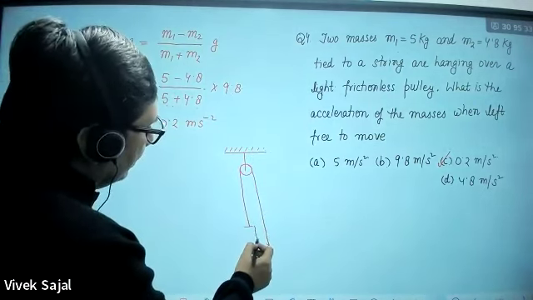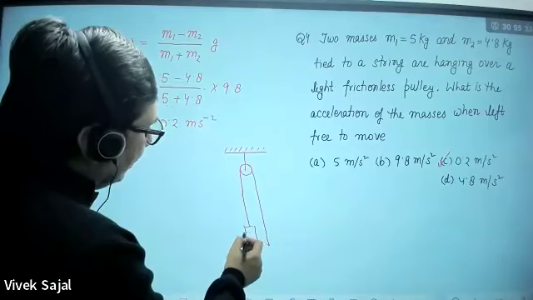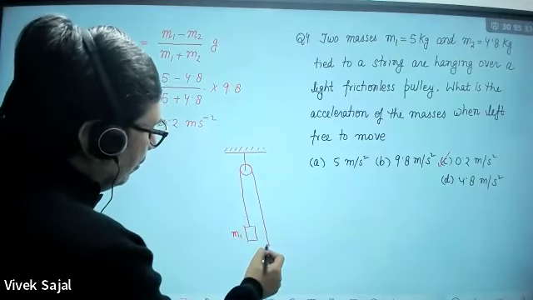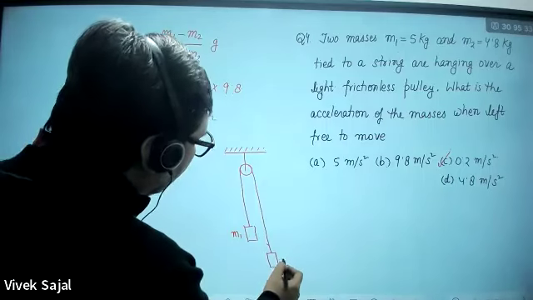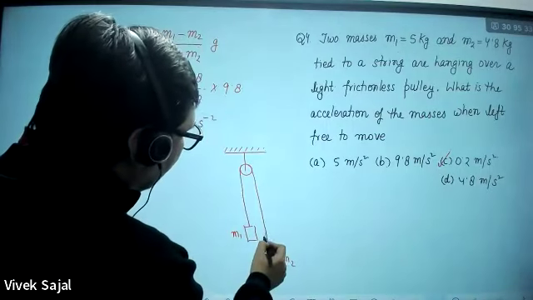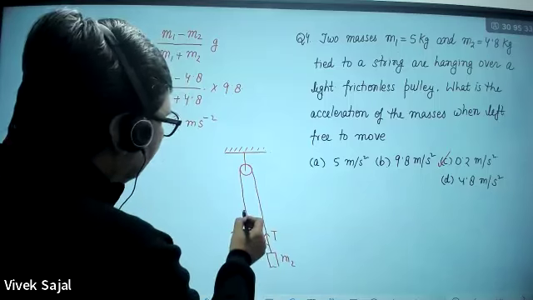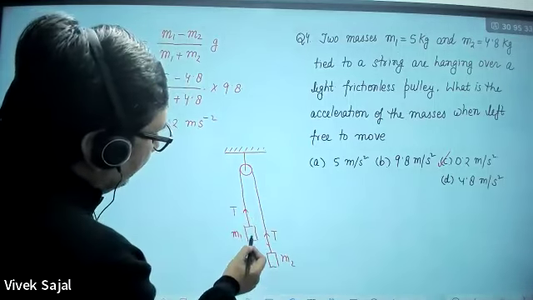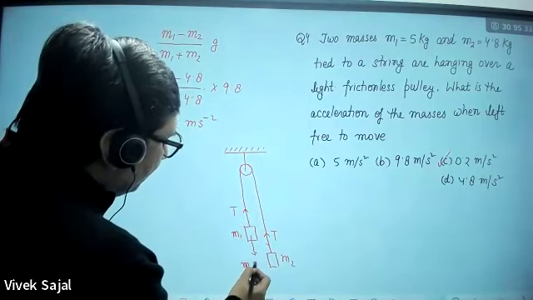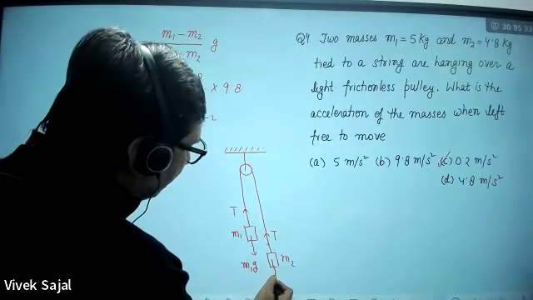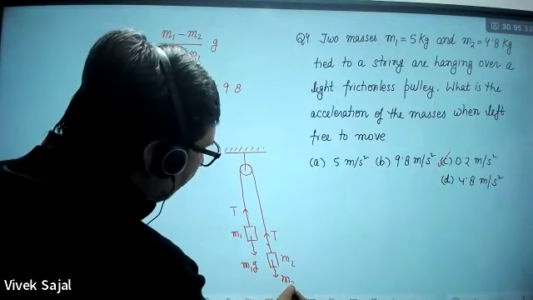On one side, you have attached a mass M1, and on the other side, the mass M2. Tension will act in this direction and in this direction. Their weights are acting in the downward direction. This will be M1g, and the weight of the second one will act downward, M2g.